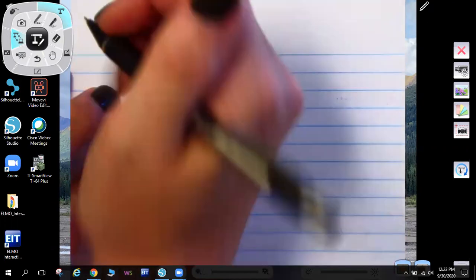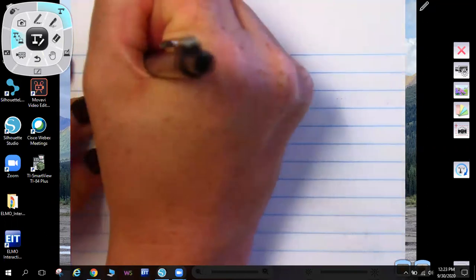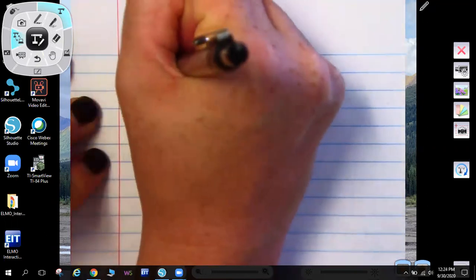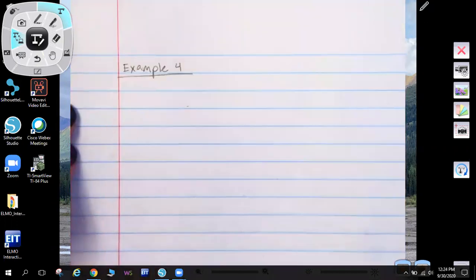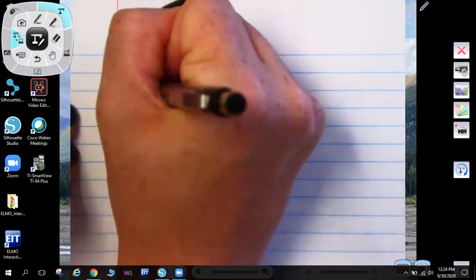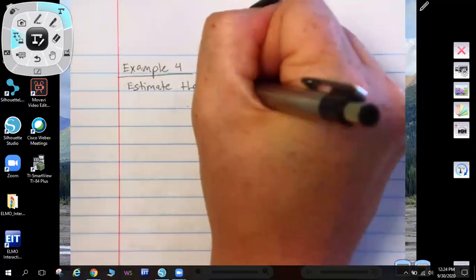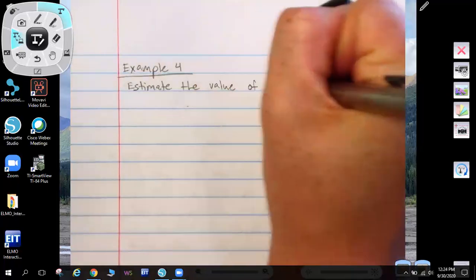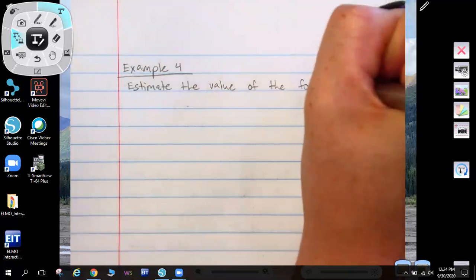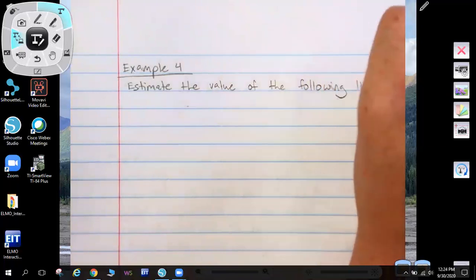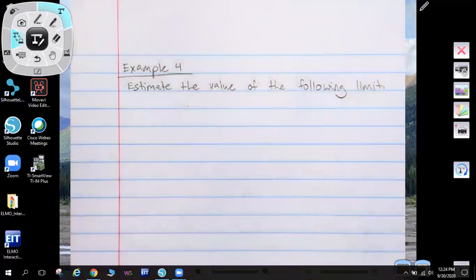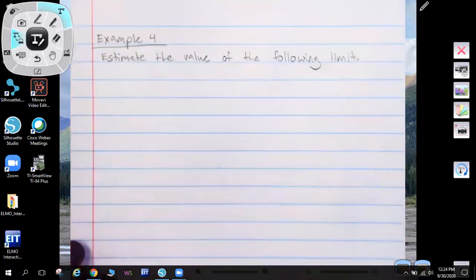Okay, this will be example 4. Same instructions, estimate the value of the following limit.